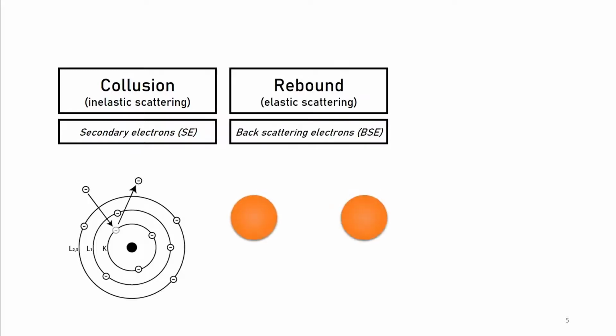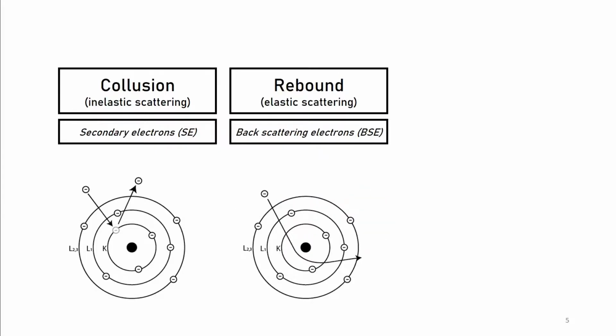Then we have something we can call rebound. A ball hits the wall of the pool table, or elastic scattering if we use a more scientific language. The electrons that we can detect from this process are called backscattering electrons or BSE electrons.